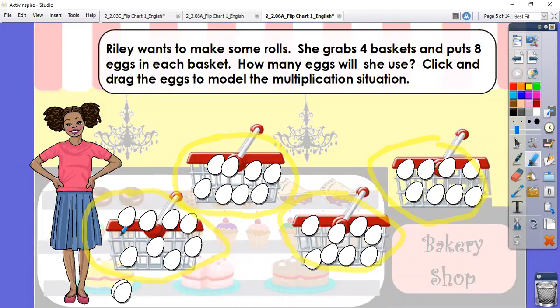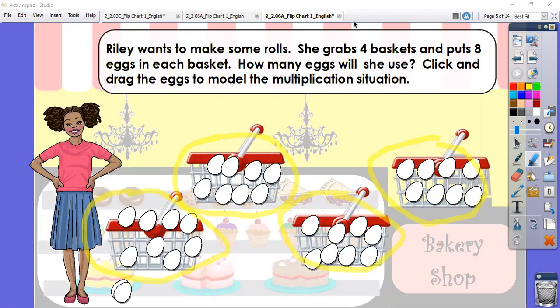Well, I'm not going to count these because I know that's 8. Let's count on from here. 9, 10, 11, 12, 13, 14, 15, 16, 17, 18, 19, 20, 21, 22, 23, 24, 25, 26, 27, 28, 29, 30, 31, 32. 32.